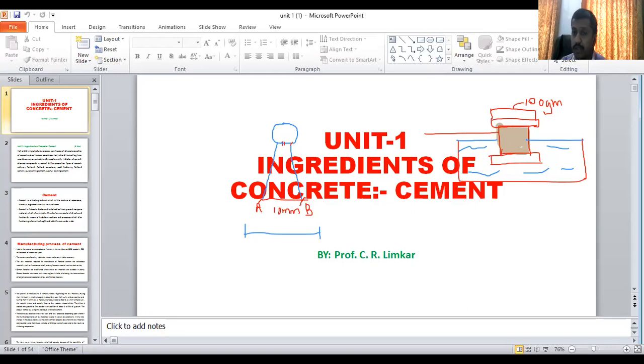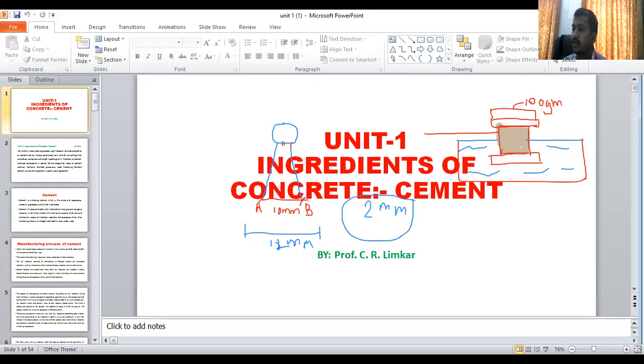Suppose this distance comes as 12 mm. So what is the total expansion? The total expansion is nothing but 12 minus 10, that is 2 mm.